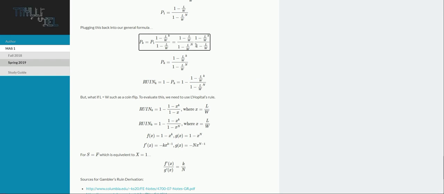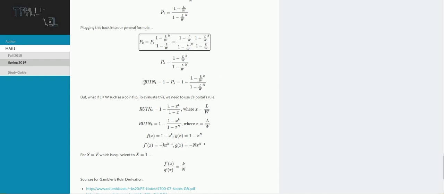And then we see some terms cancel, so the numerator on the left, denominator on the right cancel. And then finally we are left with the probability of winning a game when you start with k tokens is equal to this formula, where L is the probability of losing a round and W is the probability of winning a round.